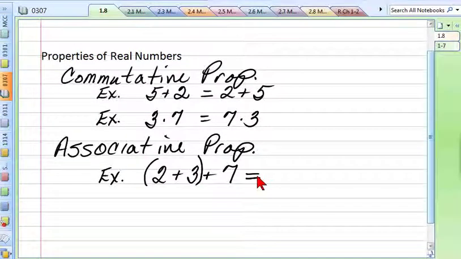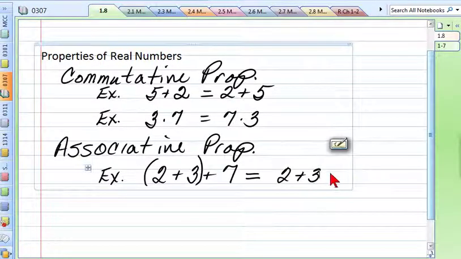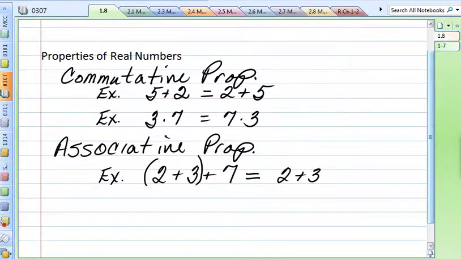But what if your mama doesn't want you, say you're 3, hanging out with little boy 2? He's a bad guy. So she might say, I would prefer that you hang out with Mr. 7. Much better guy.